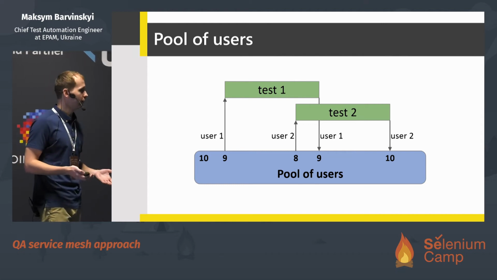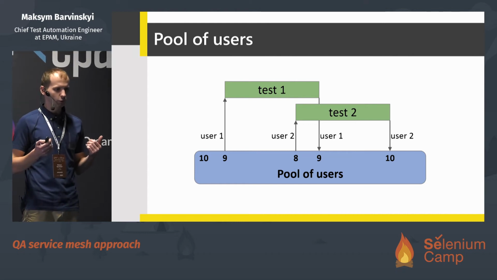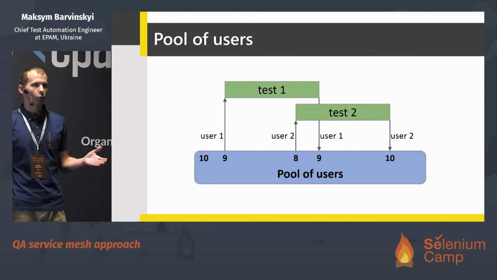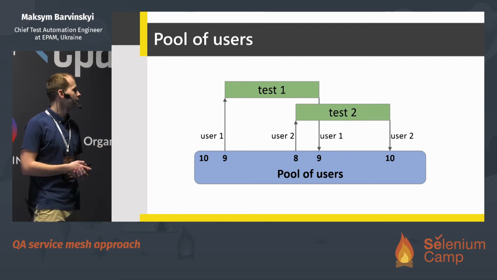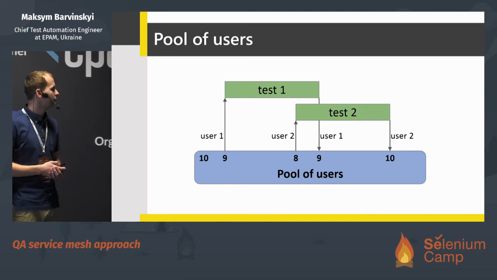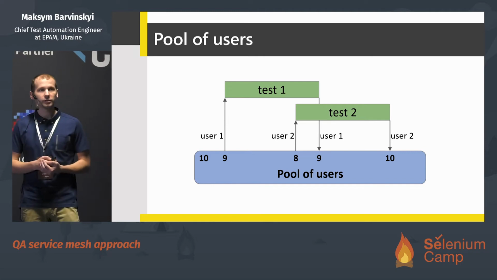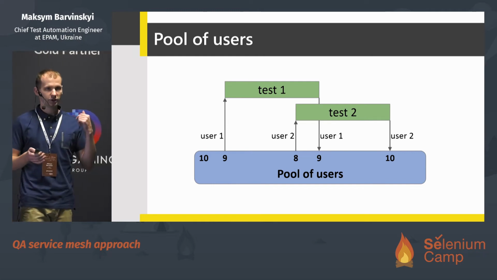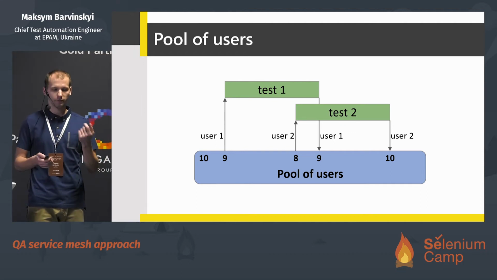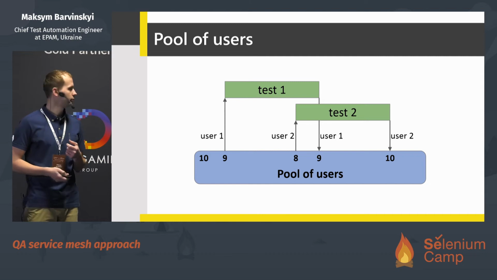So in general, you would need to have 1,000 unique users, one for every test, so you can guarantee they won't fail randomly. But in this case, you can put some pool of users in QA web service and just tell your test to ask for a new user for every test and then put it back when it's done.